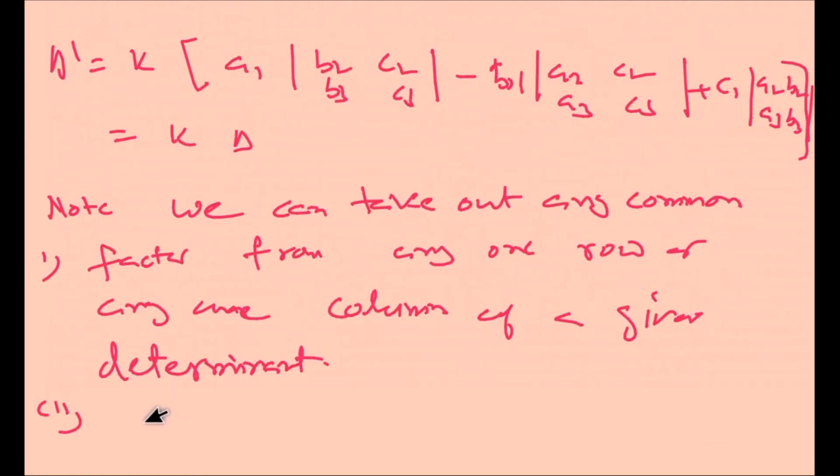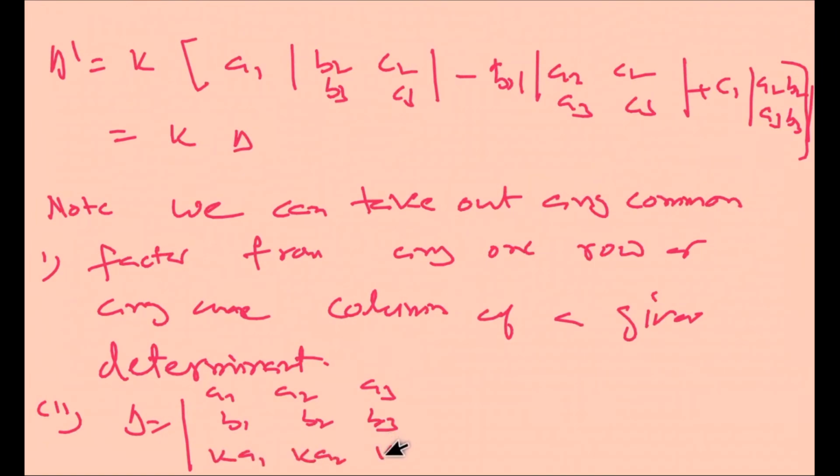Okay, for example, delta equal to a1 a2 a3, b1 b2 b3, and let the third row be ka1 ka2 ka3, then this is equal to 0.